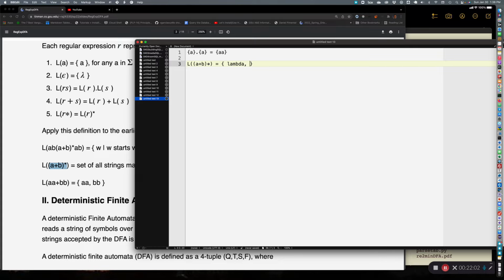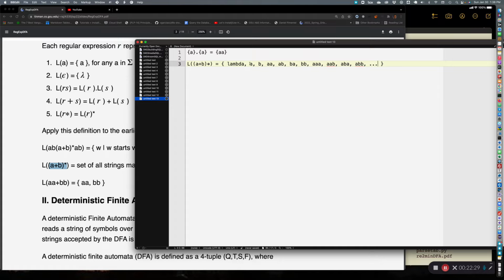And then the A, and then the B, then AA, AB, BA, and BB, and then three letters: AAA, AAB, ABA, ABB. I'm not sure if you're following, but this is the very standard way of enumerating all strings. Let me put dot dot dot here.